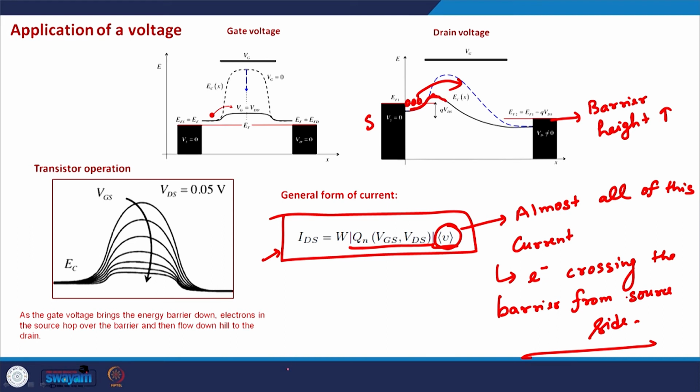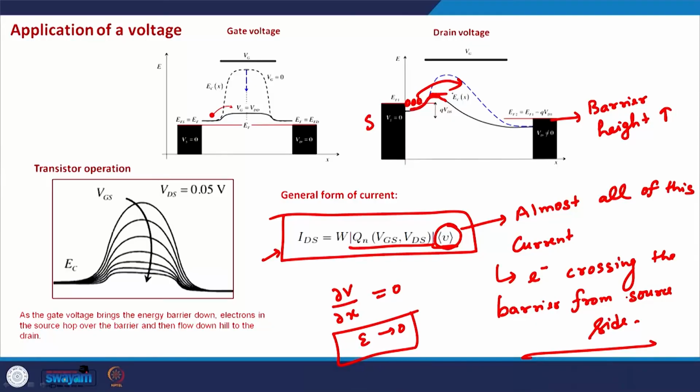If we take the gradient of this curve, del V by del X, this is 0. So the electric field tends to 0 at the peak of the barrier. So this is the velocity of charge carriers in absence of any electric field, just because of the diffusion of the charge carriers without any external influence of the electric field. In a way, this is just the thermal velocity of the charge carriers.